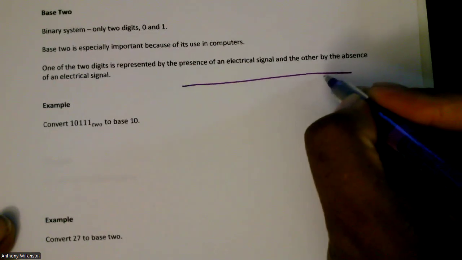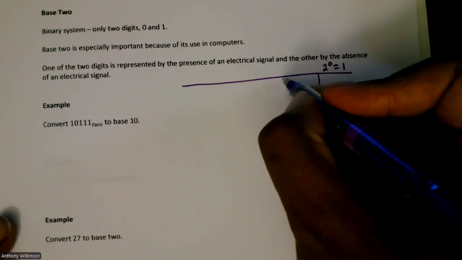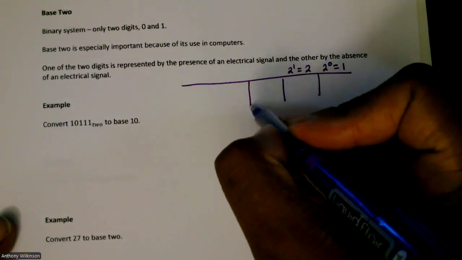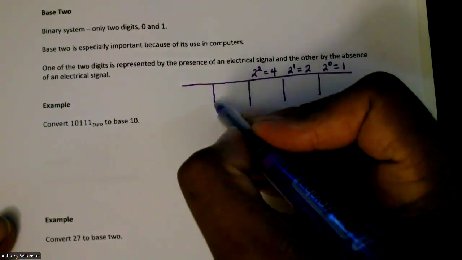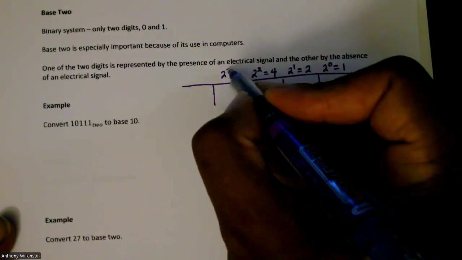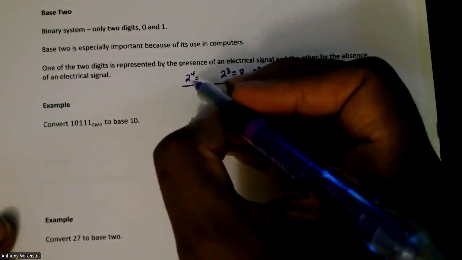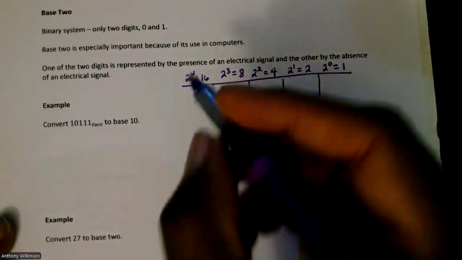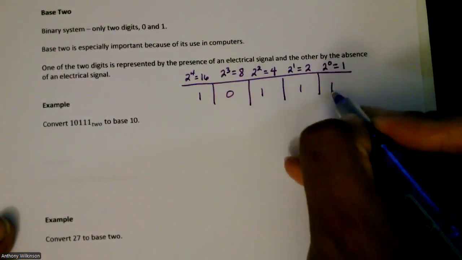Okay, so if I write out the place values for this, starting with 2 to the 0, which is of course 1, and then go from right to left, 2 to the 1 would be 2, 2 to the second is 2 times 2, which is 4, 2 to the third, that's 2 times 2 times 2, that's 8, and then 2 to the fourth, that's 2 times 2 times 2 times 2, that's 16. Let's fill these numbers into these boxes here from right to left. There'll be 1, 0, 1, 1, 1.